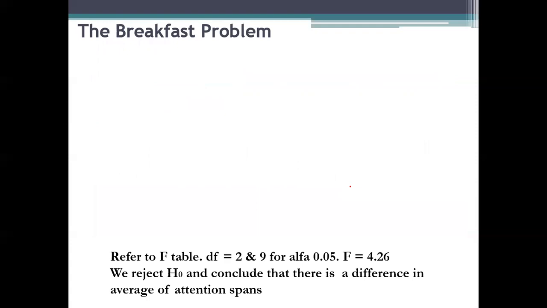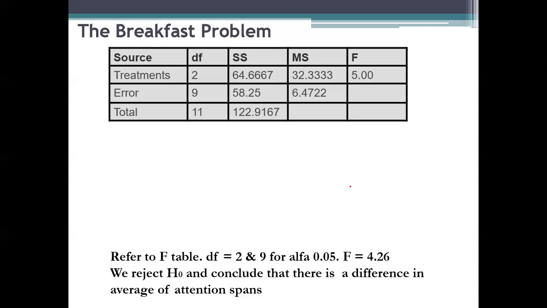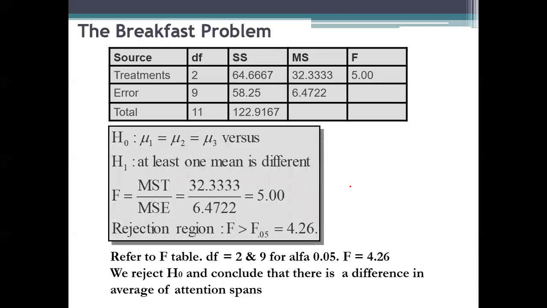So based on the analysis of the breakfast problem example that we discussed earlier, when we do the calculations based on all the steps, that is how to get the CM, the total SS, the SST, SSE, MST, MSE, and the degrees of freedom for both treatment and error, we convert all the values into the table.